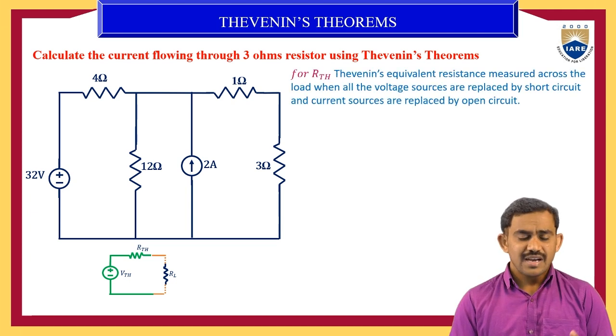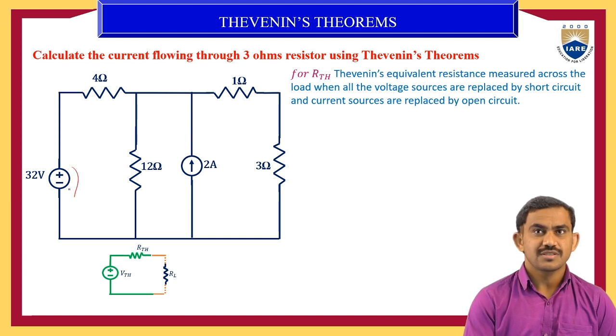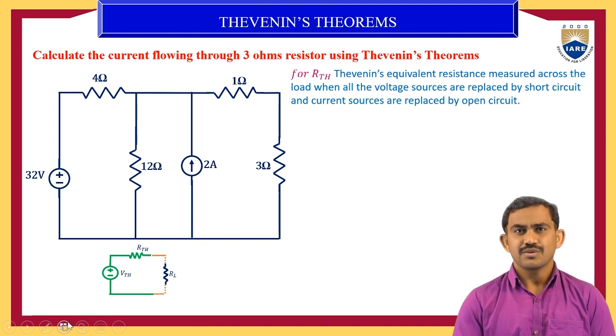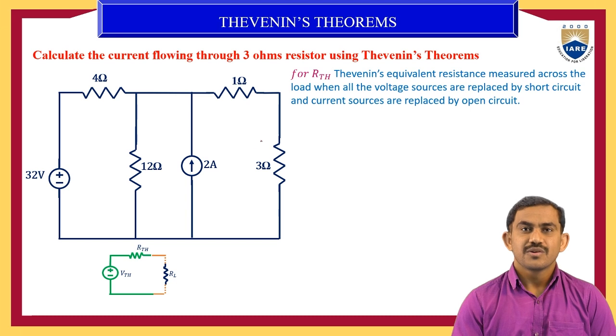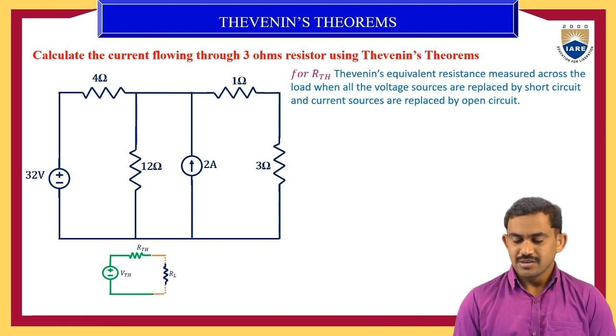For RTH I have the rules. The current source is open circuit and the voltage source is short circuit. Across the load terminals I need to find the equivalent resistor. So I will show you. This is your voltage source.